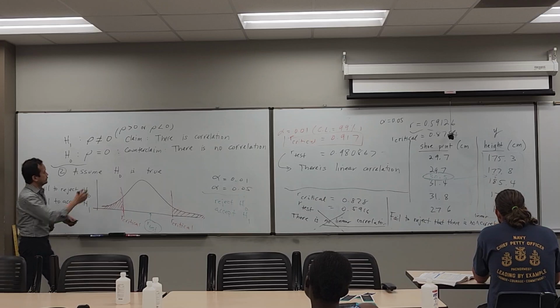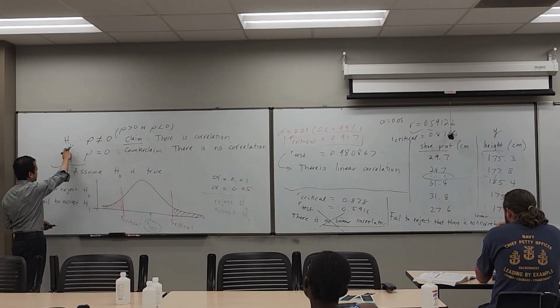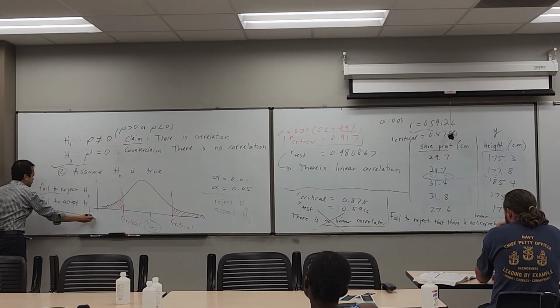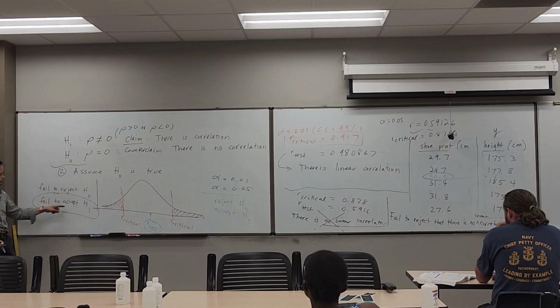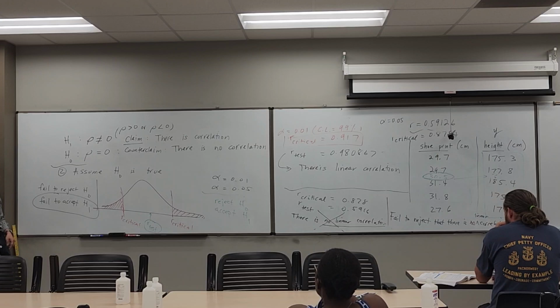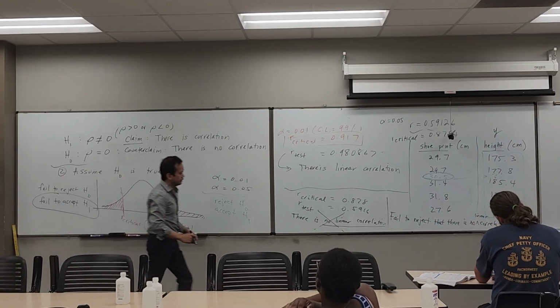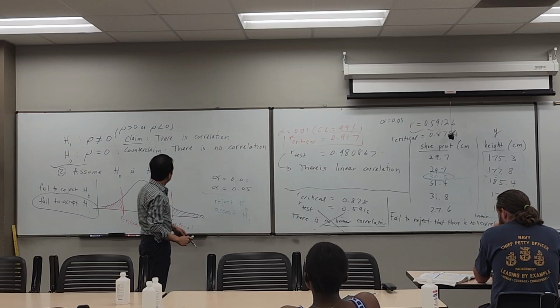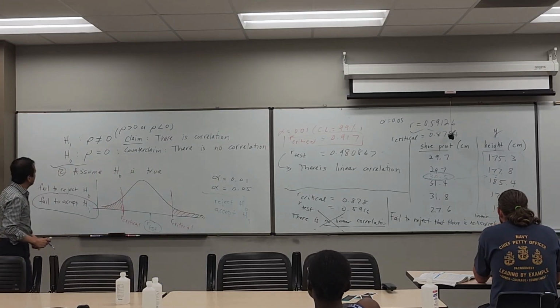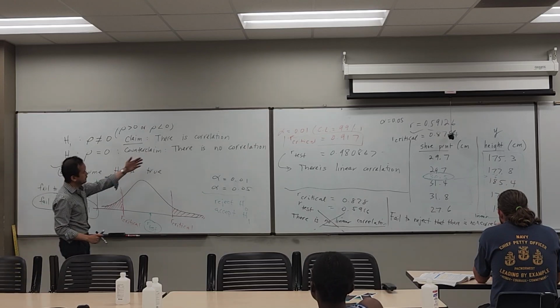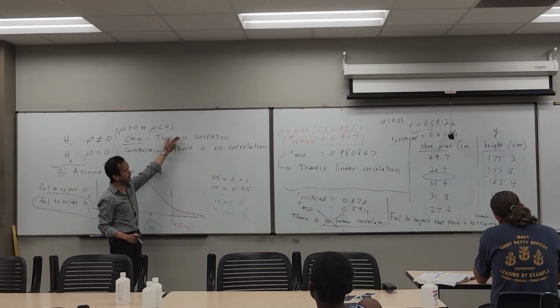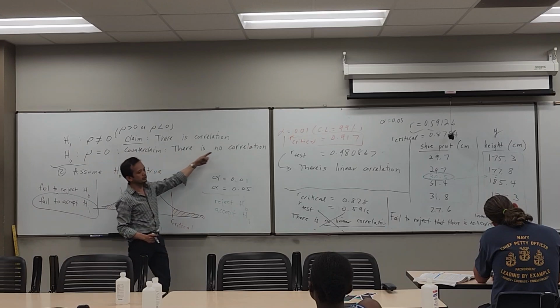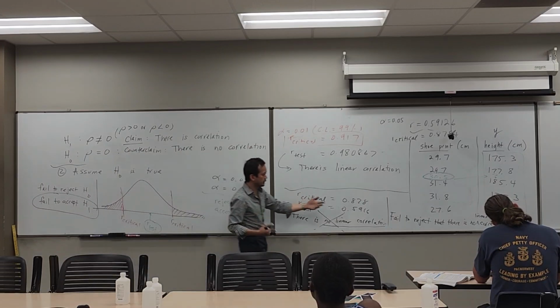In this case, the original claim turned out to be H1. So what we said about H1 is fail to accept H1, so we're going to fail to accept the claim. So we fail to accept the claim that there is correlation, which is another way of saying fail to reject that there is no correlation, which is what we ended up saying here.